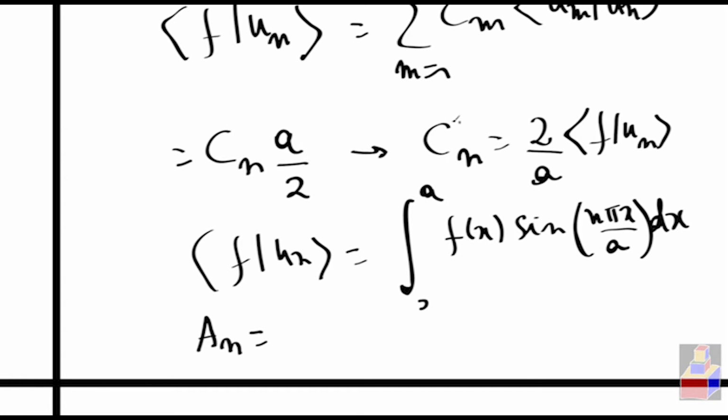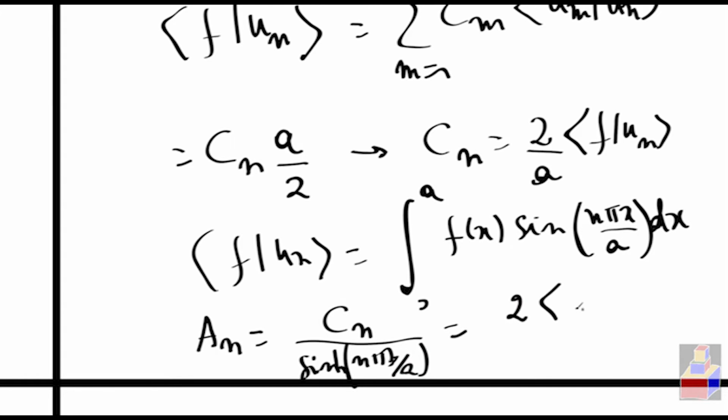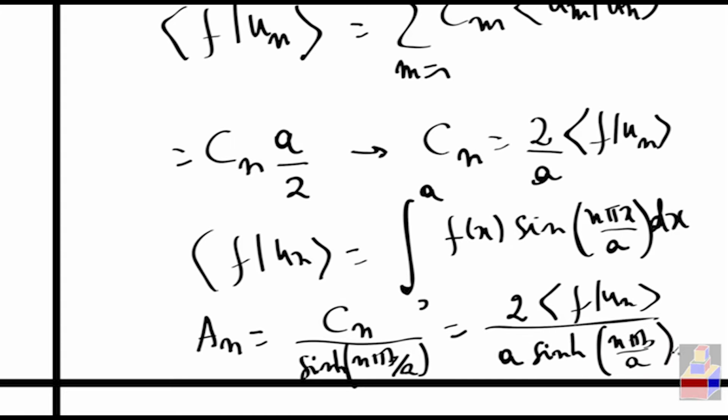So Cn is An times hyperbolic sine, so An is Cn, calculated here, divided by hyperbolic sine, which is 2 times the dot product divided by a hyperbolic sine. So that's the solution. We now find the solution of the problem for any function.